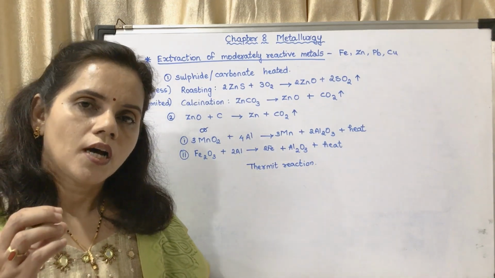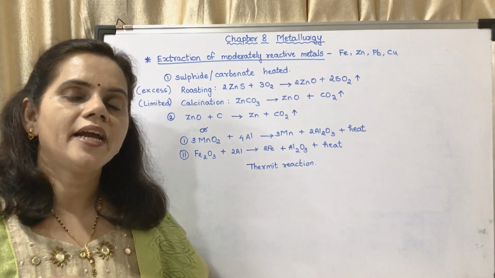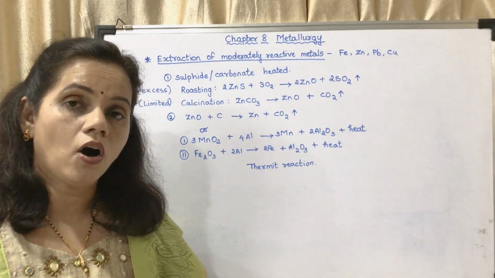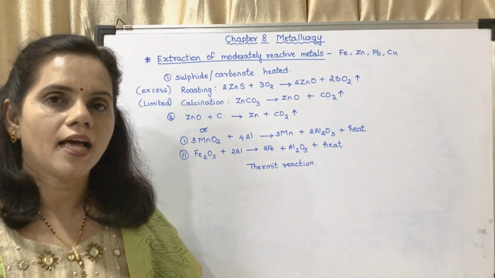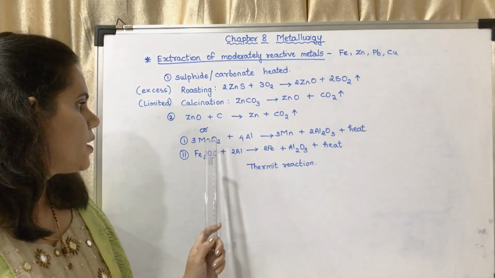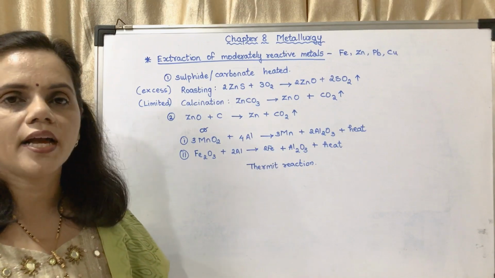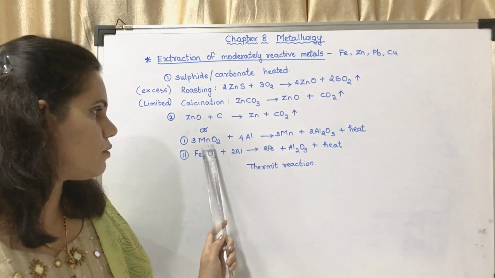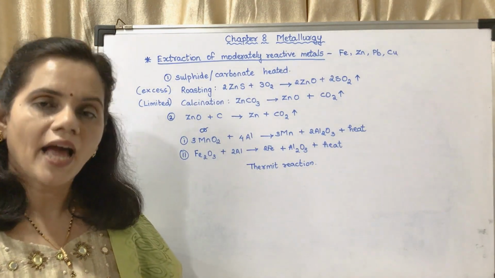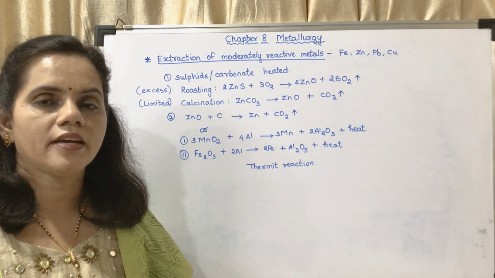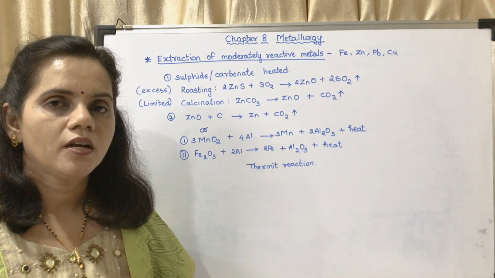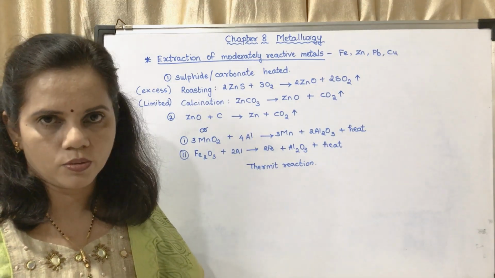So either it is made to react with carbon, or it is made to react with a more reactive element. Example, MnO2 plus 4Al. In this reaction we want Mn. We have Mn in the form of manganese dioxide, MnO2. We want to remove that oxygen.